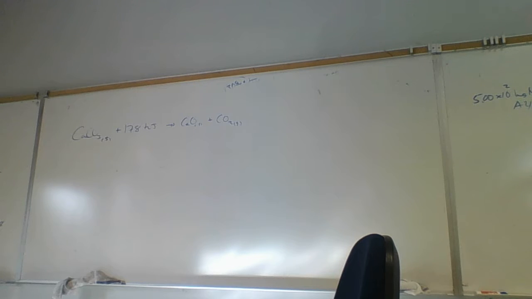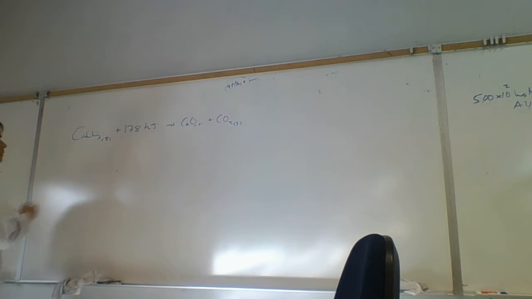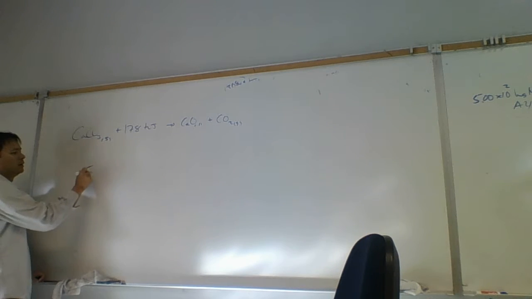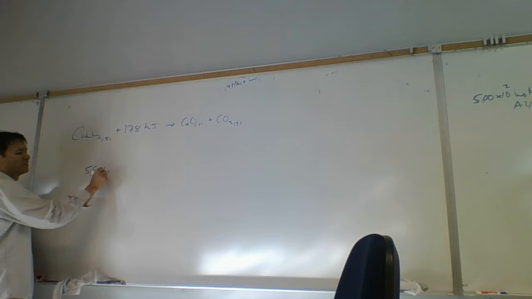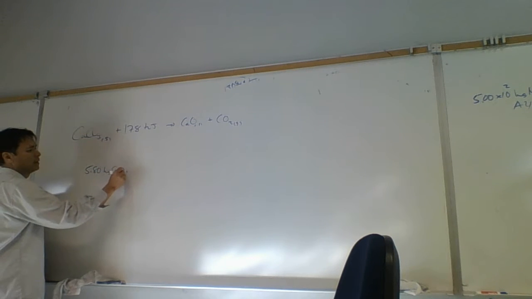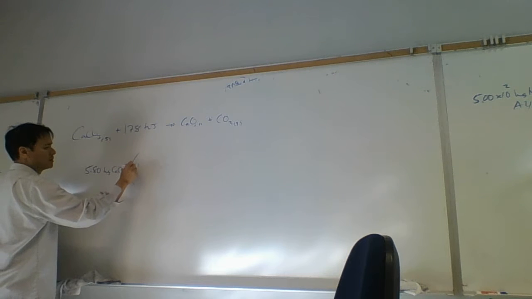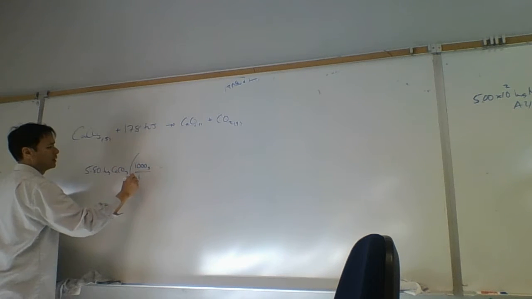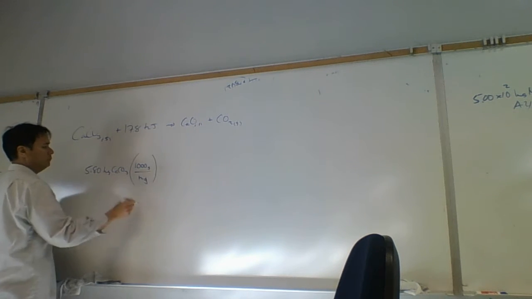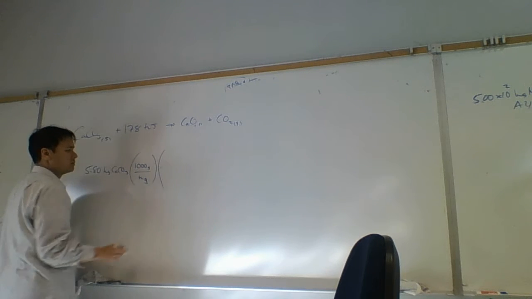But what quantity of energy in kilojoules is required to decompose 5.80 kilograms of limestone? So this just turns into a stoichiometry problem. 5.80 kilograms of limestone, which is calcium carbonate. And then we're going to go from kilograms to grams, 1,000 grams per kilogram. And then grams to moles.